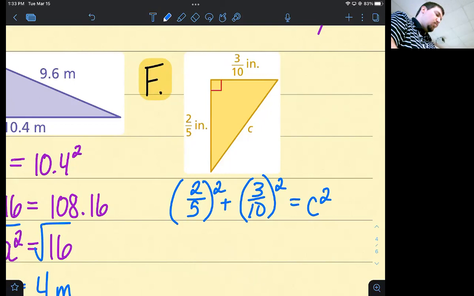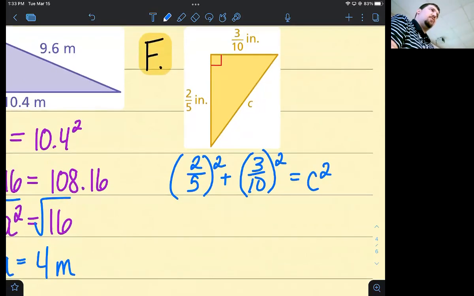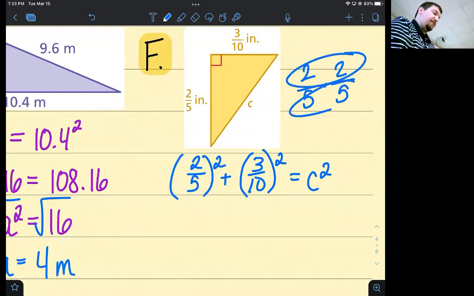Do you remember how when we square rooted a fraction, I told you that you square root the top number, square root the bottom number? Well, when you square a fraction, you square the top number and square the bottom number as well. Even if you would have written 2/5 times 2/5, you're still doing 2 squared and 5 squared.